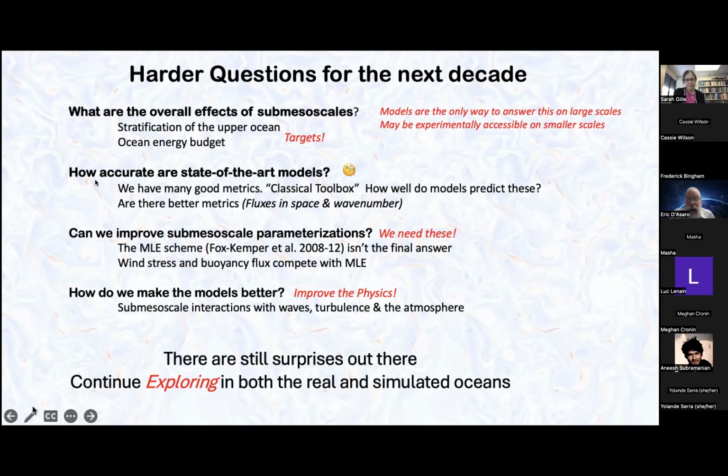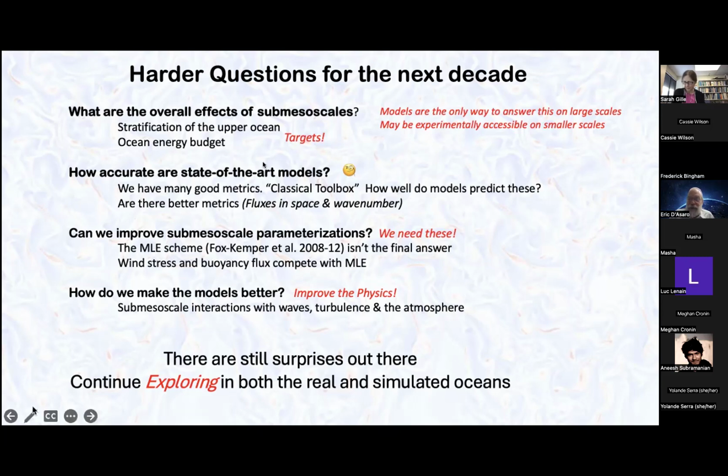So how accurate are state-of-the-art models would be the next obvious question. And in the short term, we have many good metrics. I just showed you a bit back. We have a classical toolbox of submesoscale metrics that we trust. Well, how well do the models predict these? If you run 2 models against them in the same place, you don't get exactly the same answer.